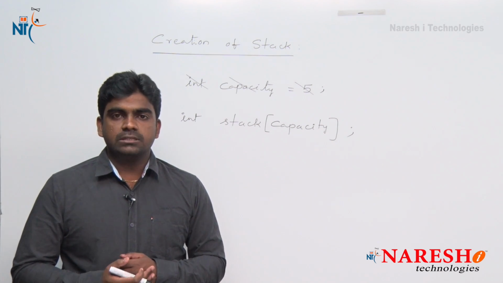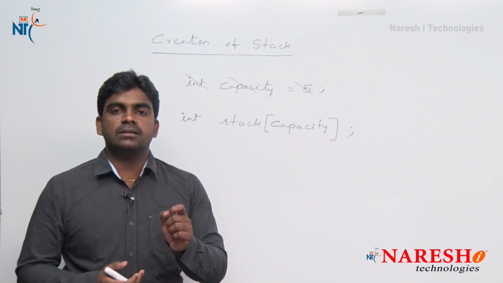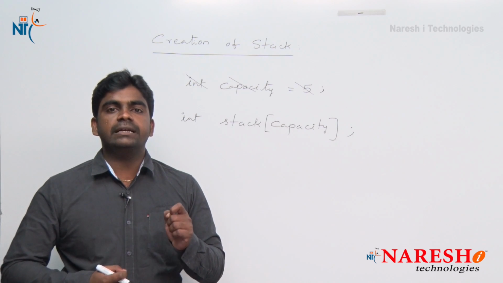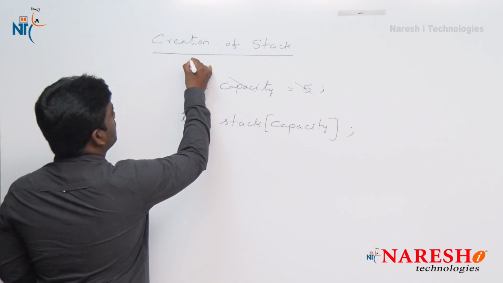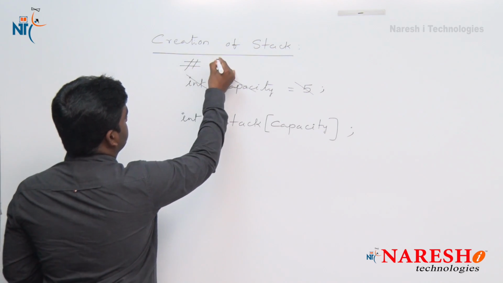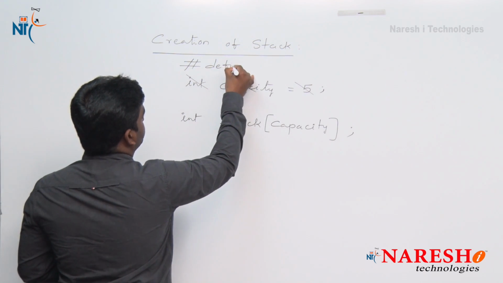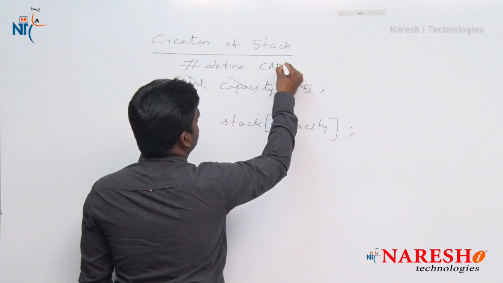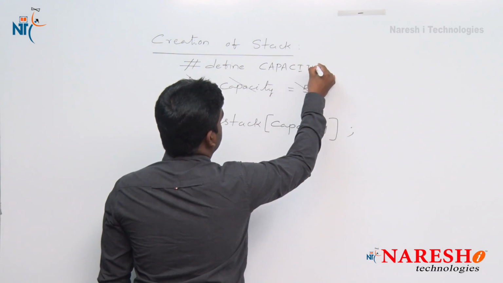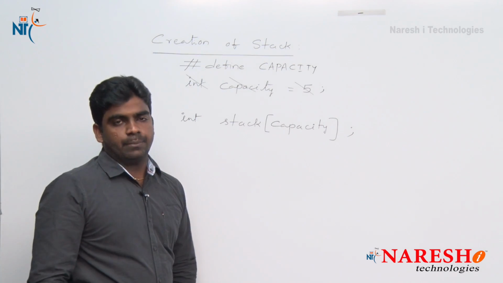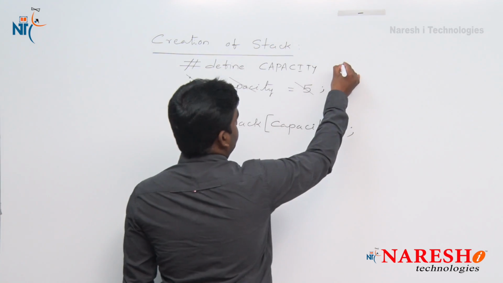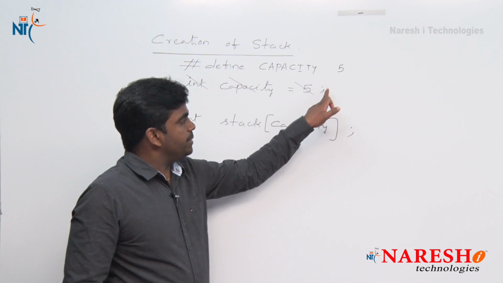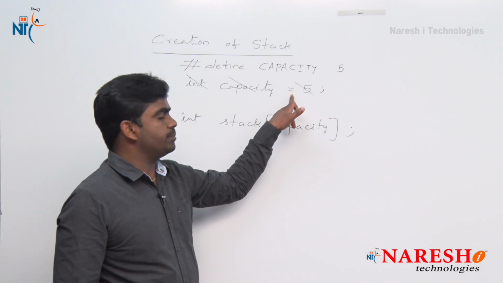So how can we define constants? Using preprocessor directives. How can we declare a constant? Hash define capacity 5. Constant names we represent with capital letters only. There is no space, no semicolon, no equals to symbol.